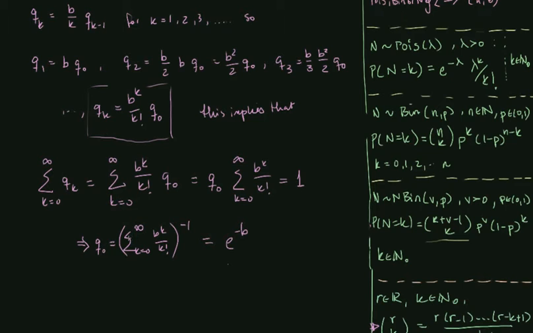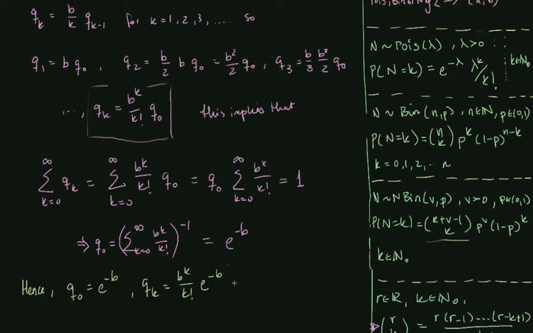And since q0 is given by e to the minus b, we can conclude that the probability distribution we're looking at is given by q0 equals e to the minus b, and qk equal to b to the k divided by k factorial multiplied by q0, which is e to the minus b.